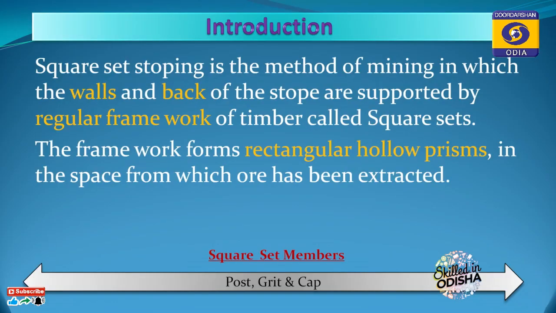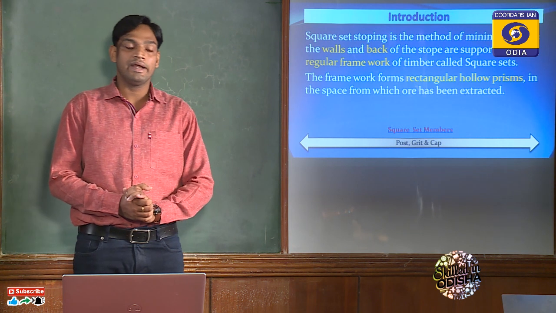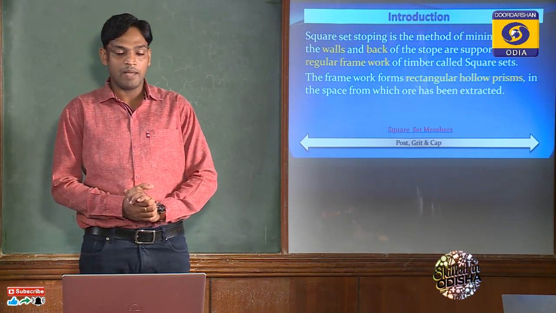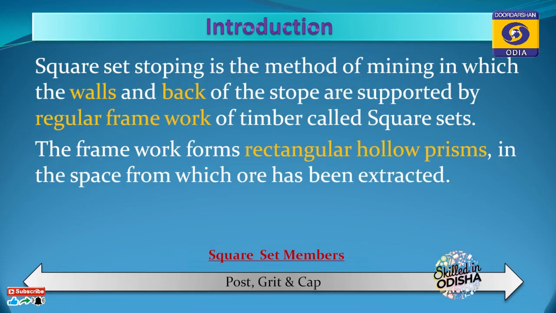Square set stopping is the method of mining in which the walls and back of the stope are supported by a regular framework of timber called square sets. Here the wall means the hang wall and foot wall. The framework forms rectangular hollow prisms in the space from which ore has been extracted.